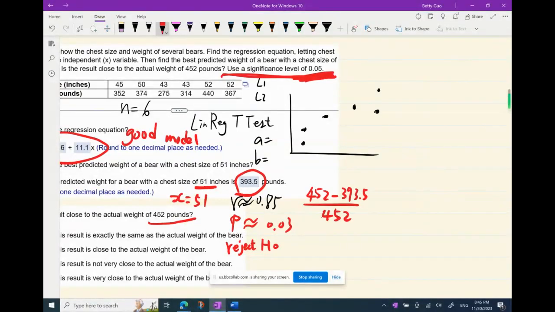I'm looking for the percentage. So 452 is the actual value. That's a lot of difference actually. It's pretty not close. Actual minus 393.5 and then divided by the actual value.